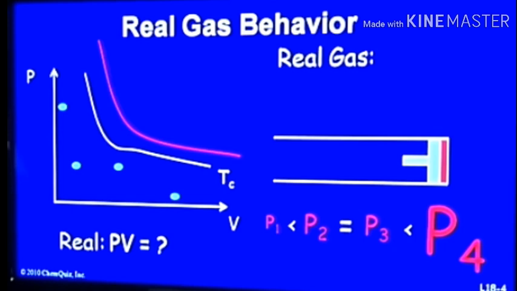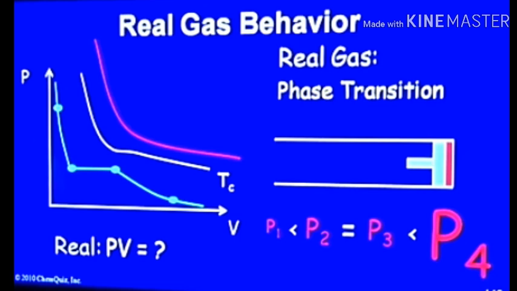So ideal gases, as you compress them, the pressure increases, while real gases, as you compress them below their critical temperature, will undergo a phase transition. Phase transition is the critical separating point between real and ideal gases.